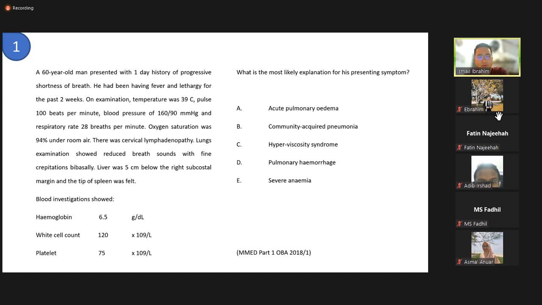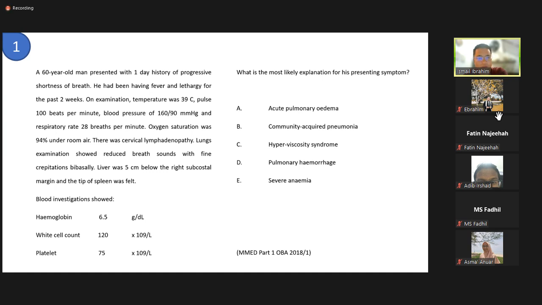So just to take this question first of all, a 60-year-old man presented with 1 day history of progressive shortness of breath. He had been having fever and lethargy for the past 2 weeks, and on examination, saturation was slightly low, but not too bad. But there was cervical lymphadenopathy, and the liver was palpable, as well as the spleen.